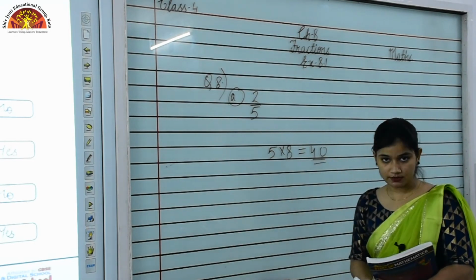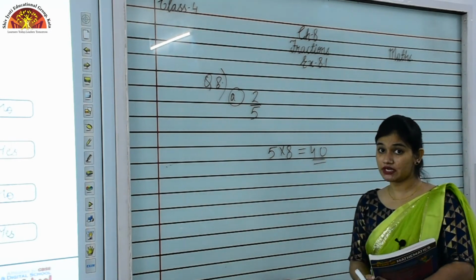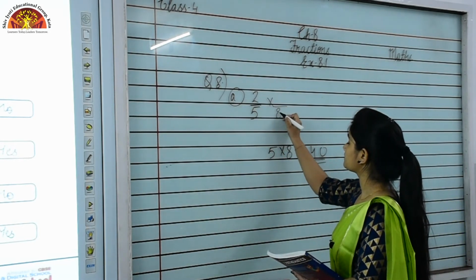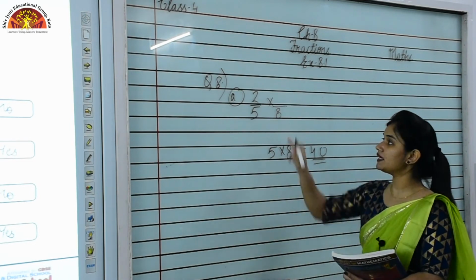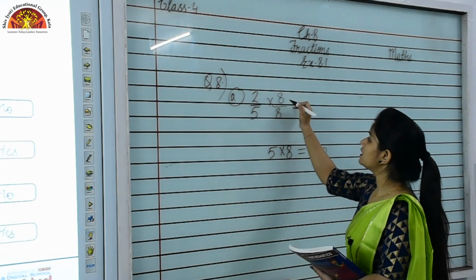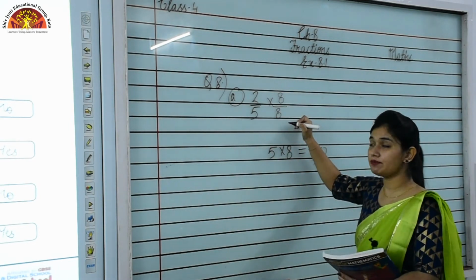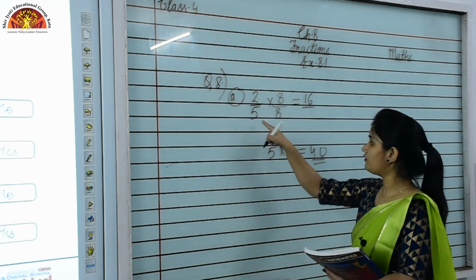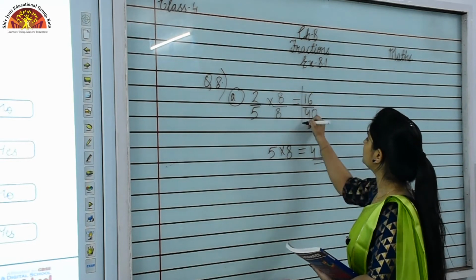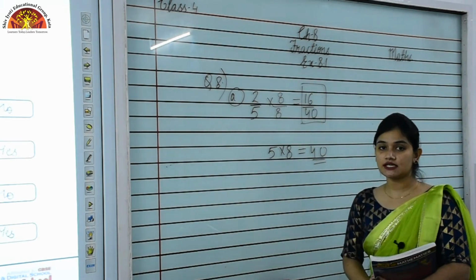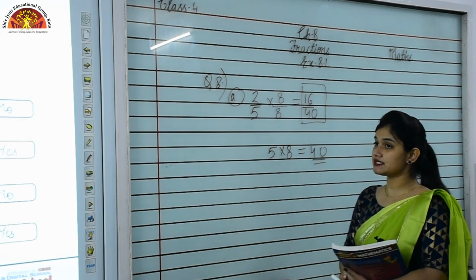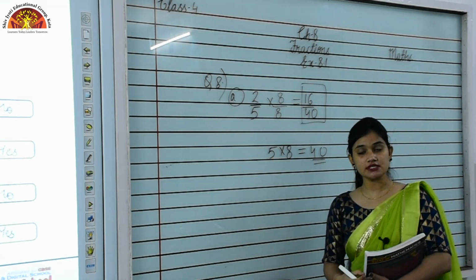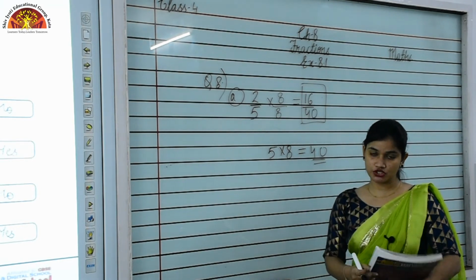And if I am multiplying this 5 by 8, then I have to multiply this 2 by 8, because we have to multiply by the same number, and I will get 8 2s are 16 and 5 8s are 40. The new fraction is 16 upon 40, which is an equivalent fraction of this fraction. Is it clear students? So in this way you can do the next questions also.